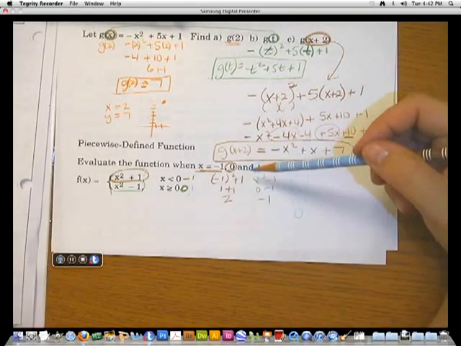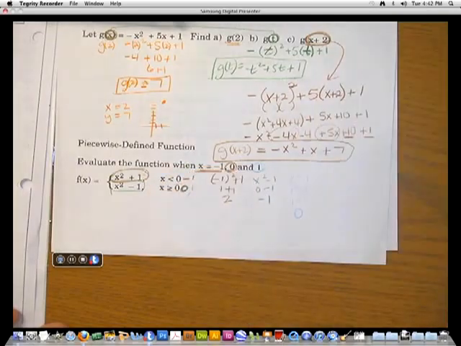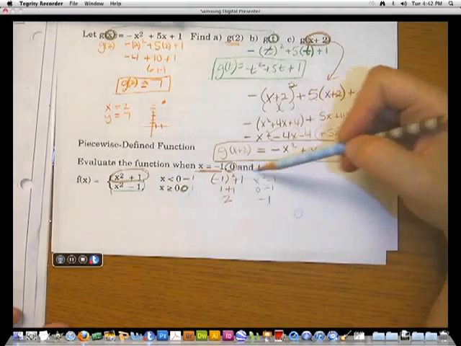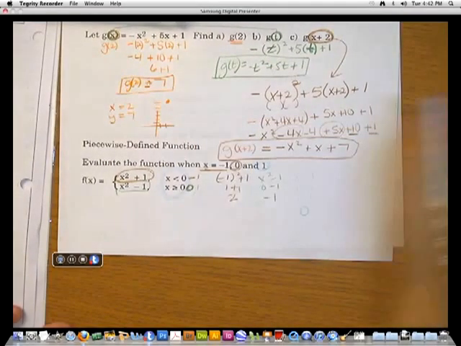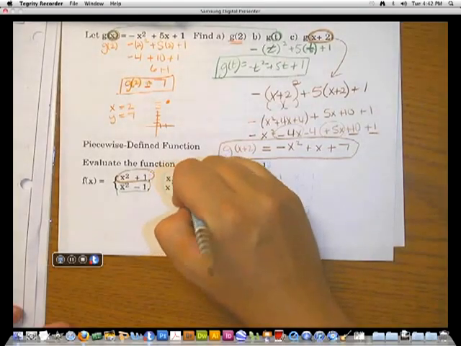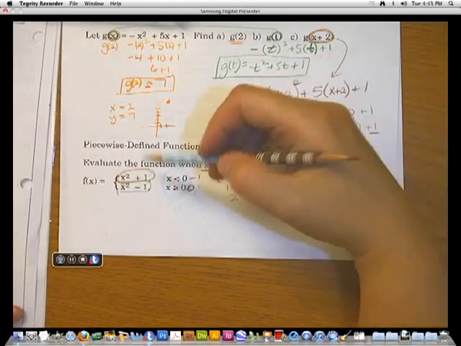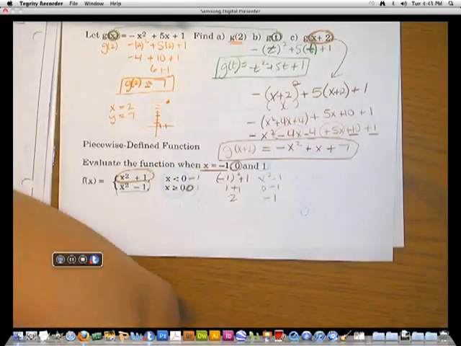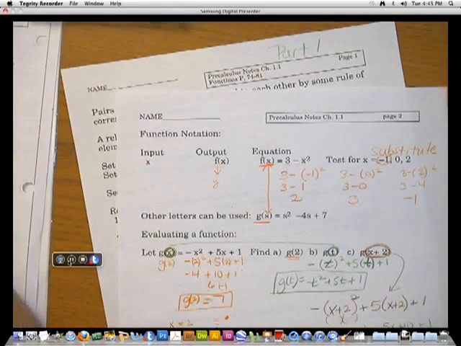So all this is just determining which piece of the function you're going to use. There's more than one piece to the function, and you're going to use whichever one this falls into, whichever stipulation that it falls under. Not both of them, just whichever one satisfies it. Going to end part 1 of 1.1.